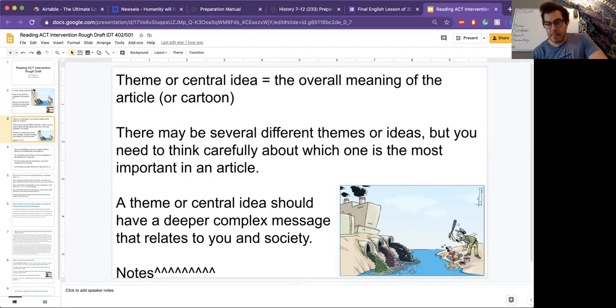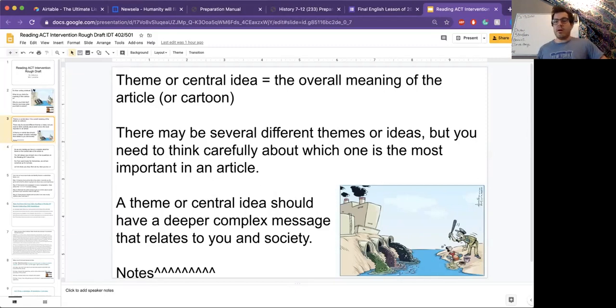So, if we look at this cartoon, now we're on the bottom right corner. We see obviously a little kid polluting a relatively clean river, and an authority figure beating down on him.